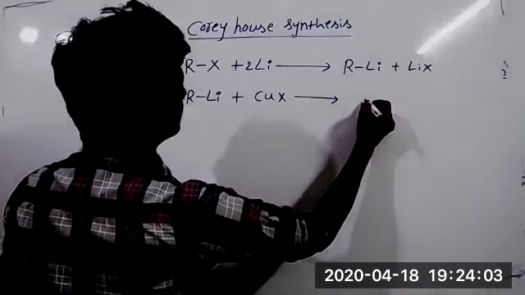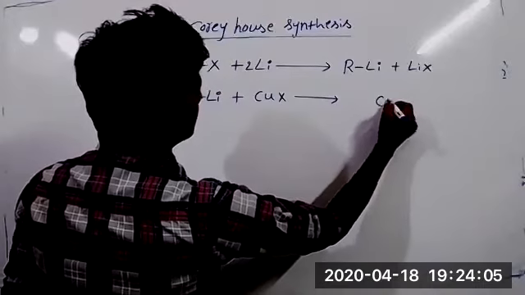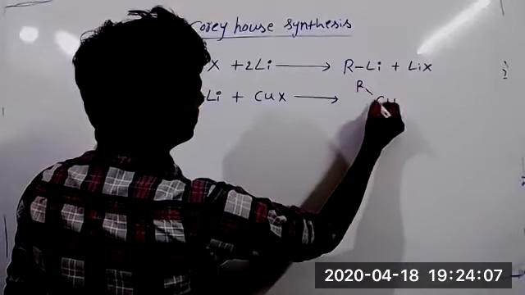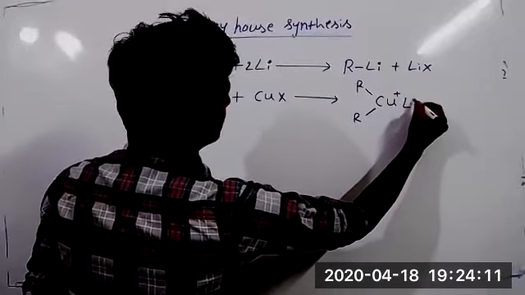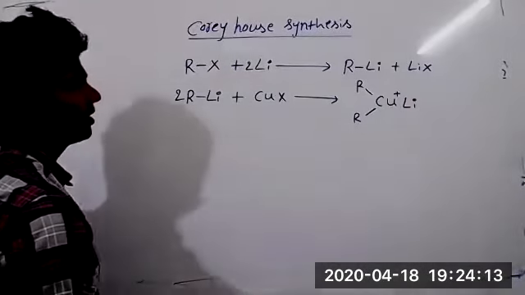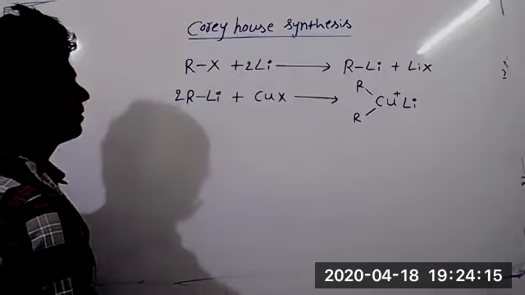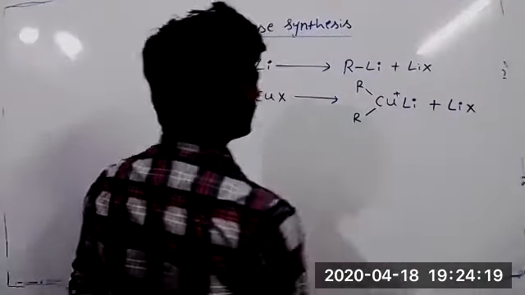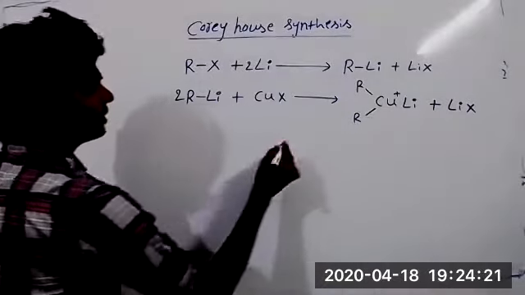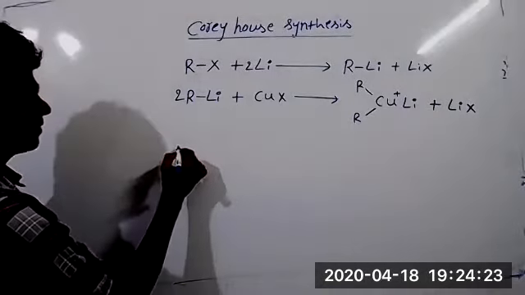It gives dialkyl copper lithium plus LiX. Now the dialkyl copper reacts with an alkyl halide.